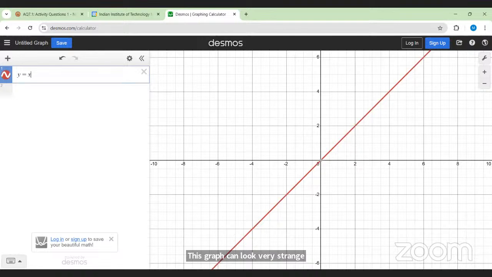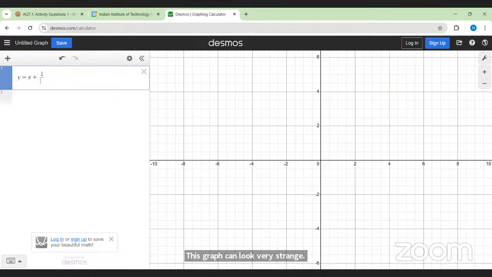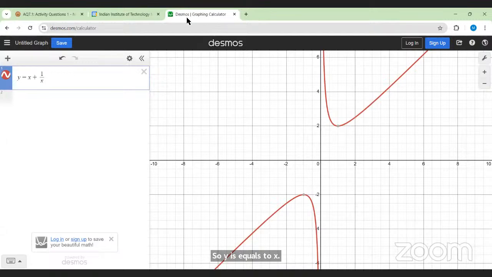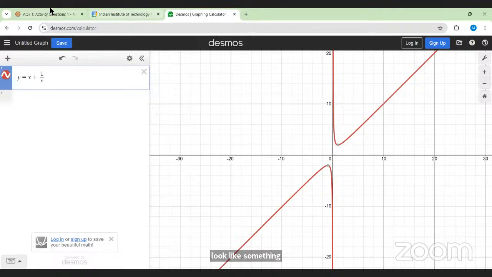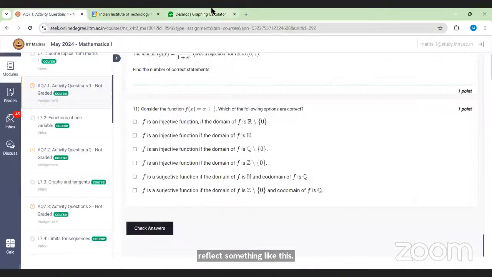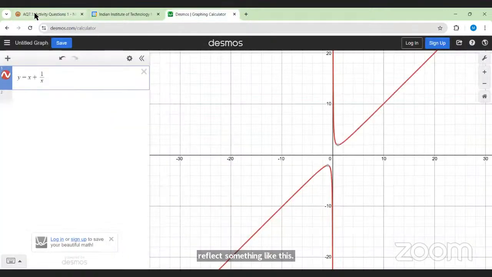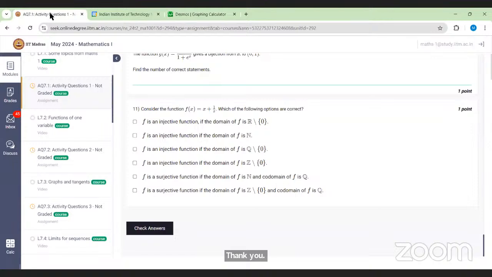So y equals x plus 1 by x is the graph. It looks something like this. Wherever you need a graph of some function, you can use Desmos to find it out.